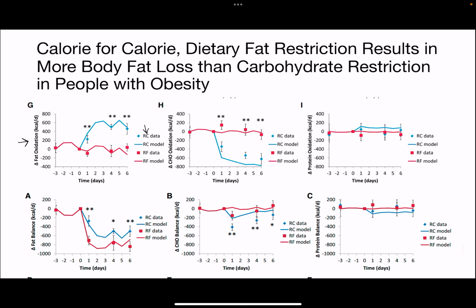So let's say reduced carbohydrate, oxidize more fat. Let's look at carbohydrate oxidation. The reduced carbohydrate diet oxidized less carbohydrates.